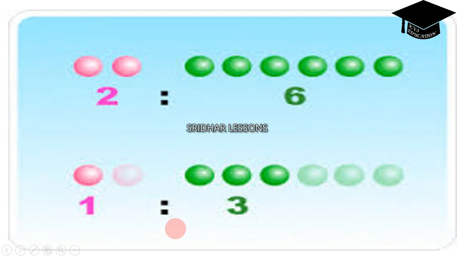In this case also, if you go for cross multiplication, 2 into 3 is equal to 1 into 6, that is 6 equals 6. As we discussed in the earlier slide, the left hand side is 6 and the right hand side is 6. So these two fractions are said to be equivalent ratios.